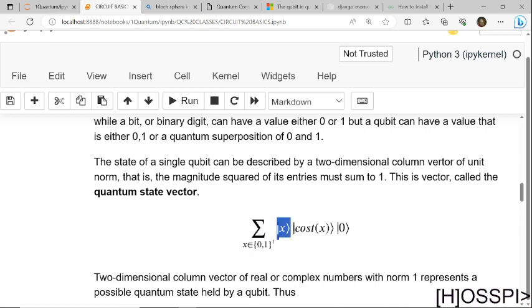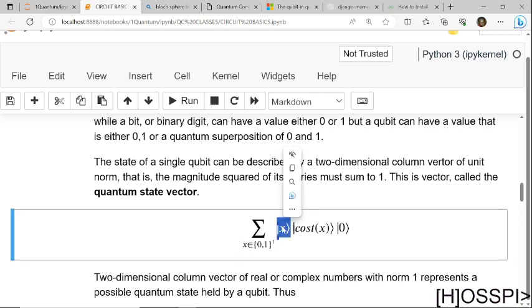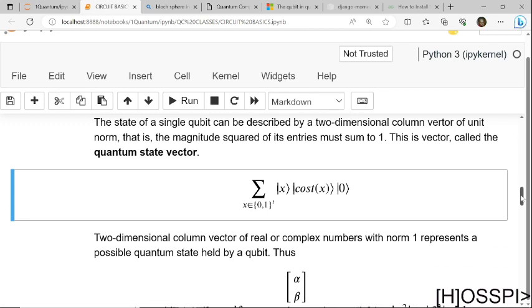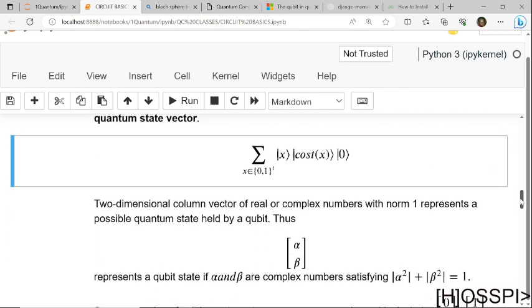Anything can be inside there: you can have zero, you can have one, and so on. So it is always in a bra or a ket. That's part of the notation of quantum, or of a qubit.